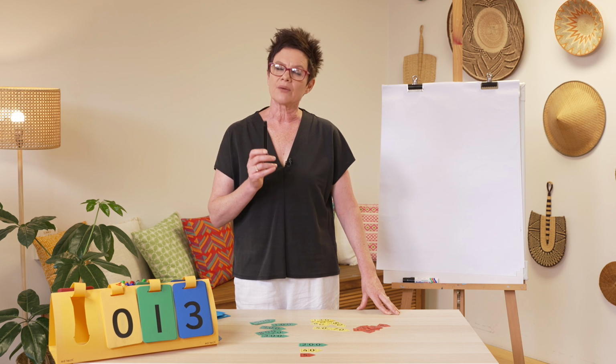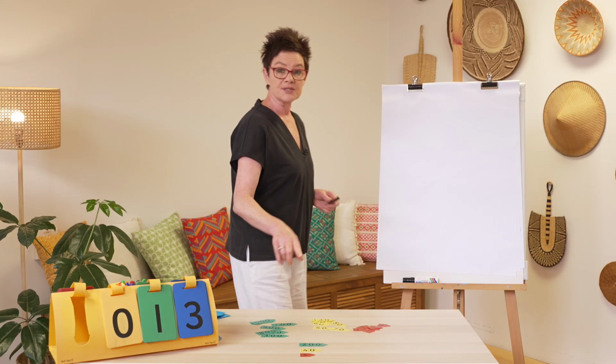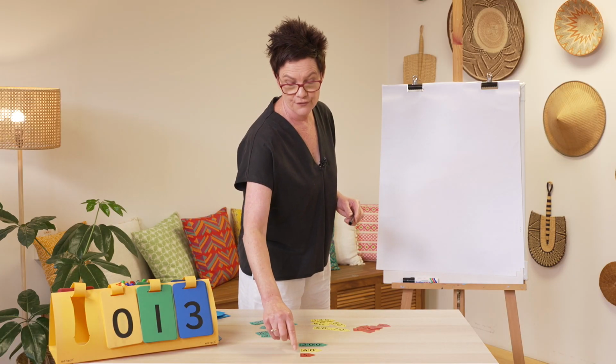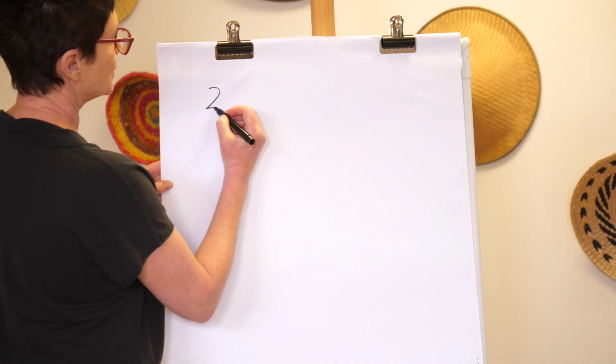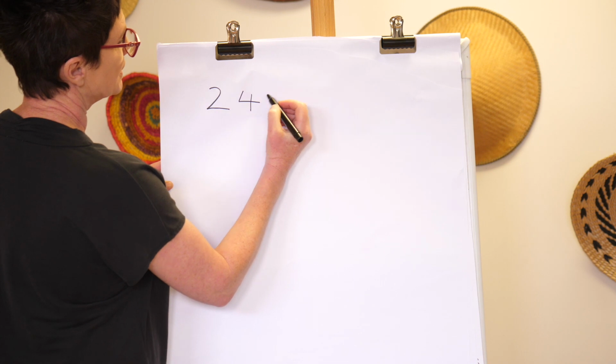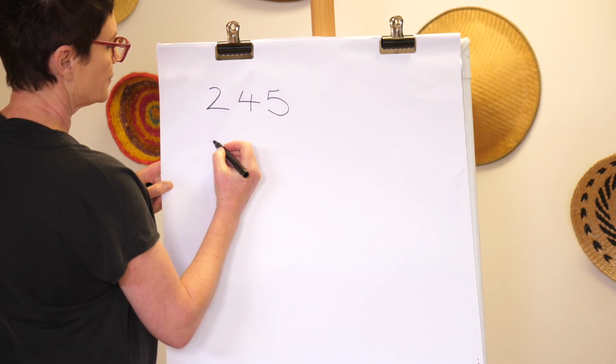Okay, so now remember we're going to make it, draw it, and then write it. Here we go. I'm going to use this example of 245. So I have the number 245. It's made up of 200.